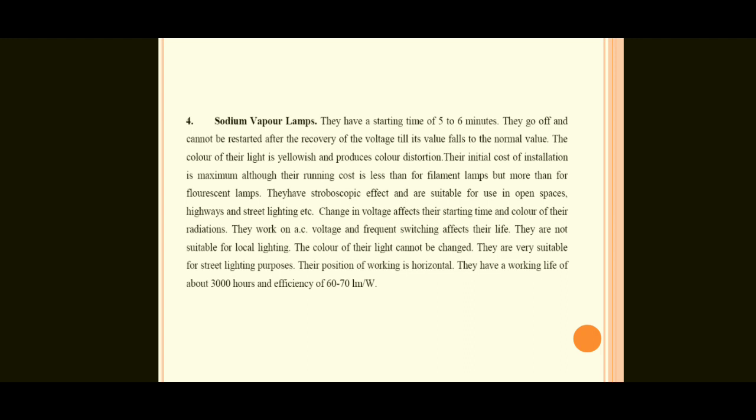Similarly, fluorescent lamps can be placed either vertical or horizontal. But mercury lamps must always be placed in the vertical position only. And the average working life is 3000 hours and the efficiency is 40 lumens per watt.